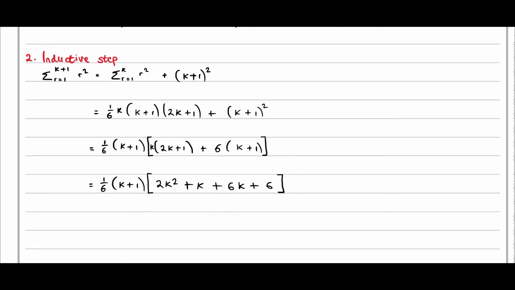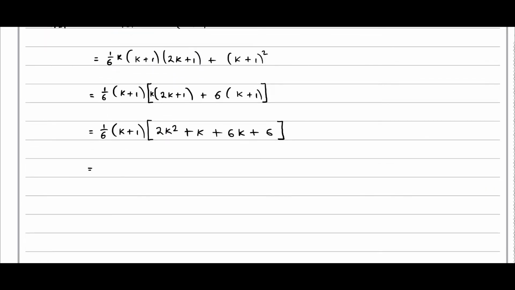Okay, and if we simplify this a bit more, we have 1/6 lots of k plus 1, lots of 2k squared plus 7k plus 6. And we can factorize this bit. We'll do this in a different colour actually. Essentially, we require two numbers which multiply to give 2 times 6, which is 12, which add to give 7.